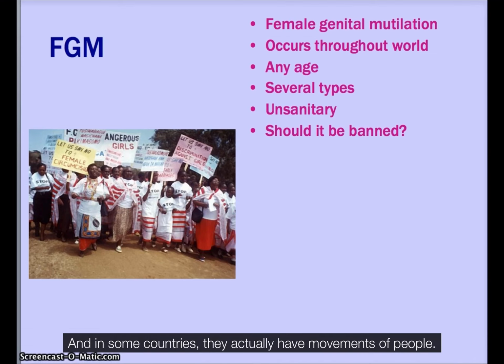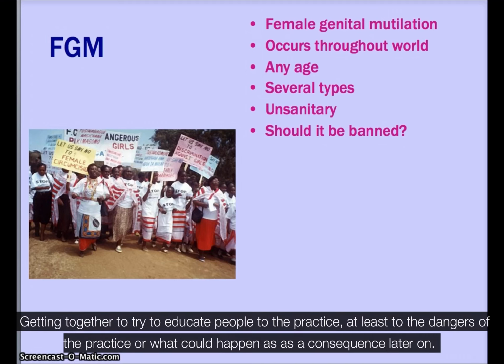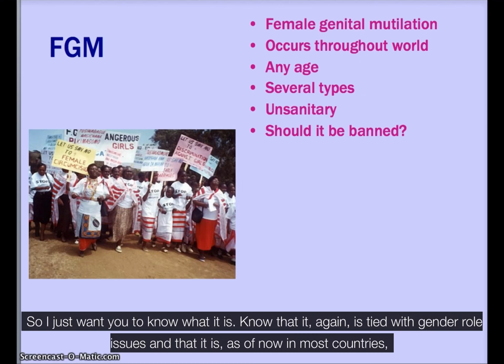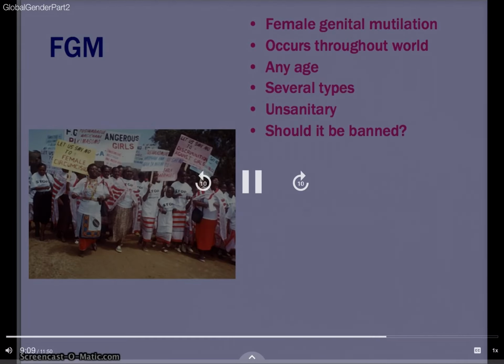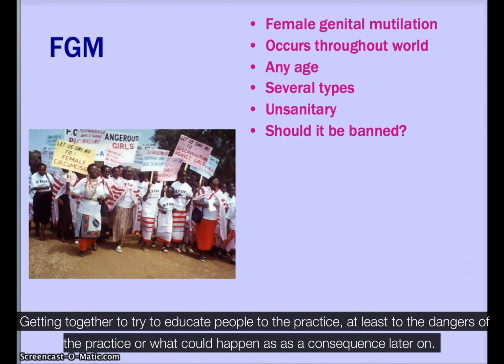And in some countries, they actually have movements of people getting together to try to educate people about the practice, at least about the dangers of the practice, or what could happen as a consequence later on.